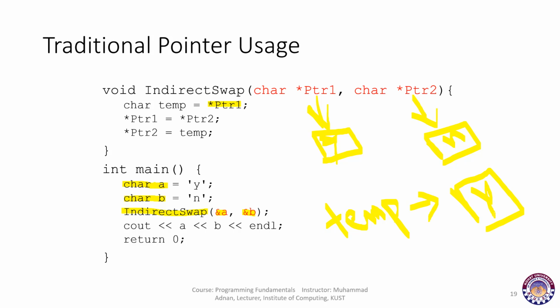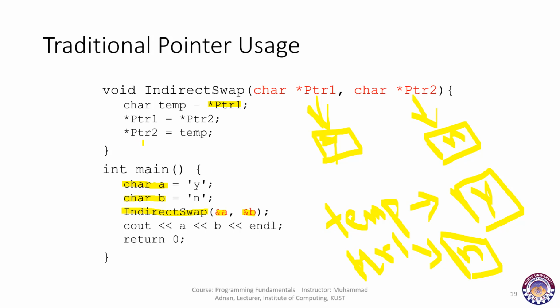So temp has now the value of y, and then we assign to the value pointed to by ptr1 the value pointed to by ptr2. So ptr1 now has a value which ptr2 was pointing to, and it is n.